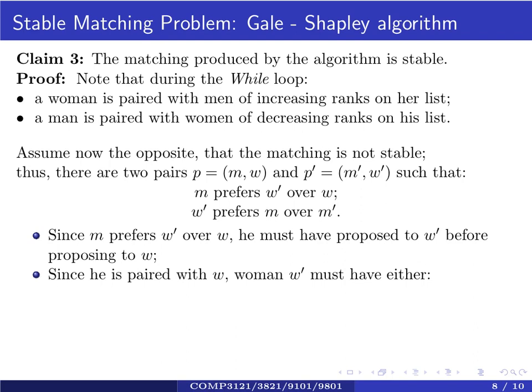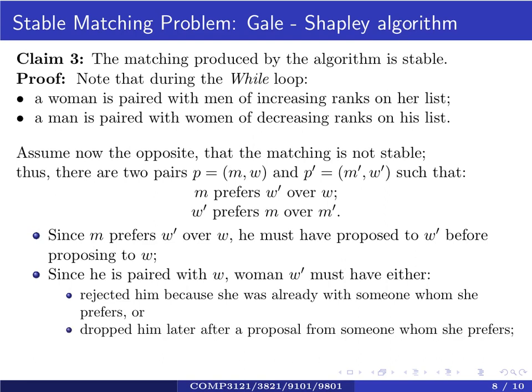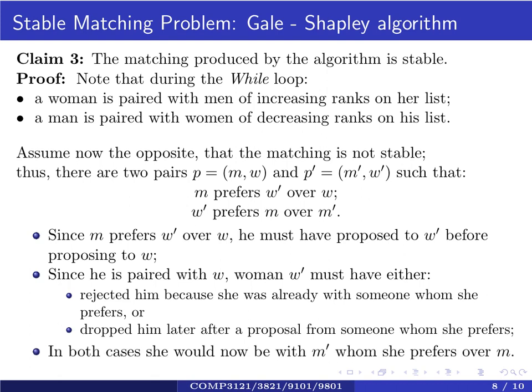Since he is paired with W, woman W prime must have either rejected him because she was already with someone whom she prefers, or she accepted his offer but later dropped him after a proposal from someone whom she prefers. In both cases, she ends up with a man M prime whom she prefers over M, which is a contradiction.